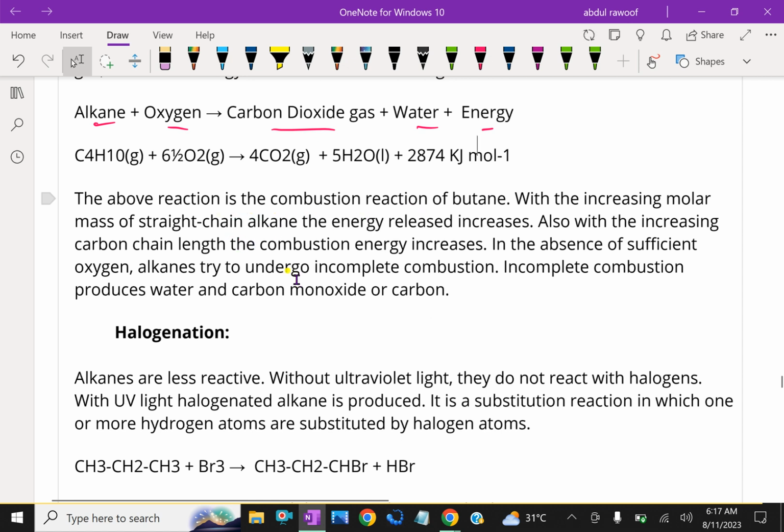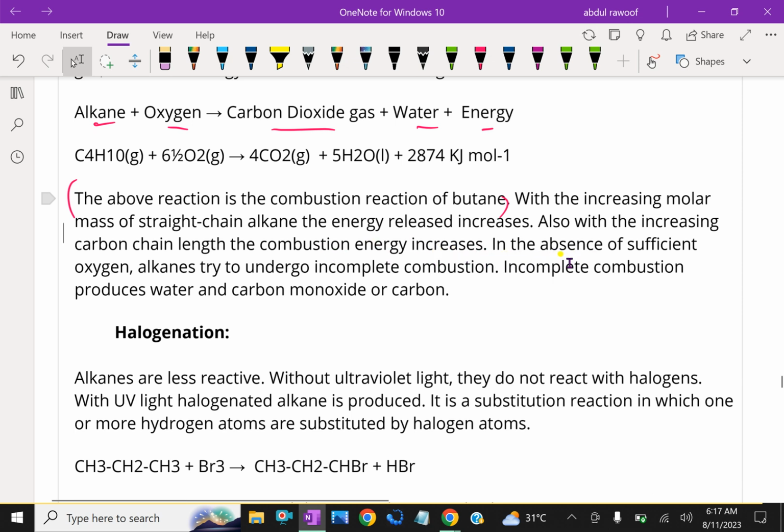The above reaction is the combustion reaction of butane. With the increasing molar mass of straight chain alkanes, the energy released increases. Also with increasing carbon chain length, the combustion energy increases. That means alkanes containing more carbons have more combustion energy.